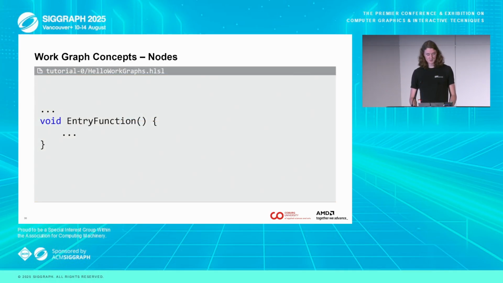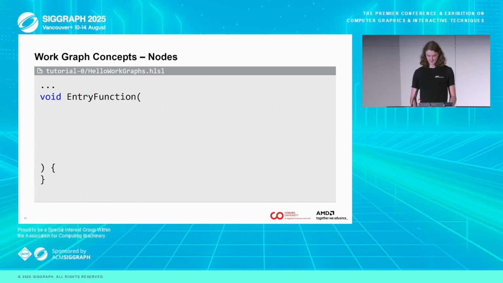And to do this, we declare the output of a node as part of the function parameter signature of a node. So we go back to our entry node, let's make some space, and let's declare a node output. To do this, we start by declaring an empty node output. We don't really want to send any data to this worker node yet, but we'll get to this in the next part when we talk about the records. We then also need to specify which node we want to target.